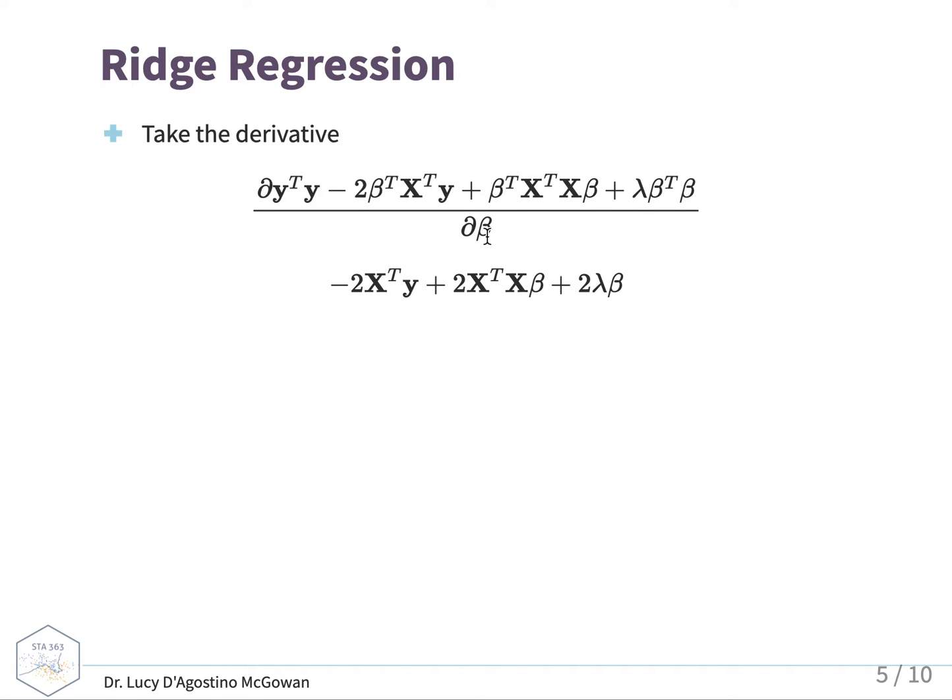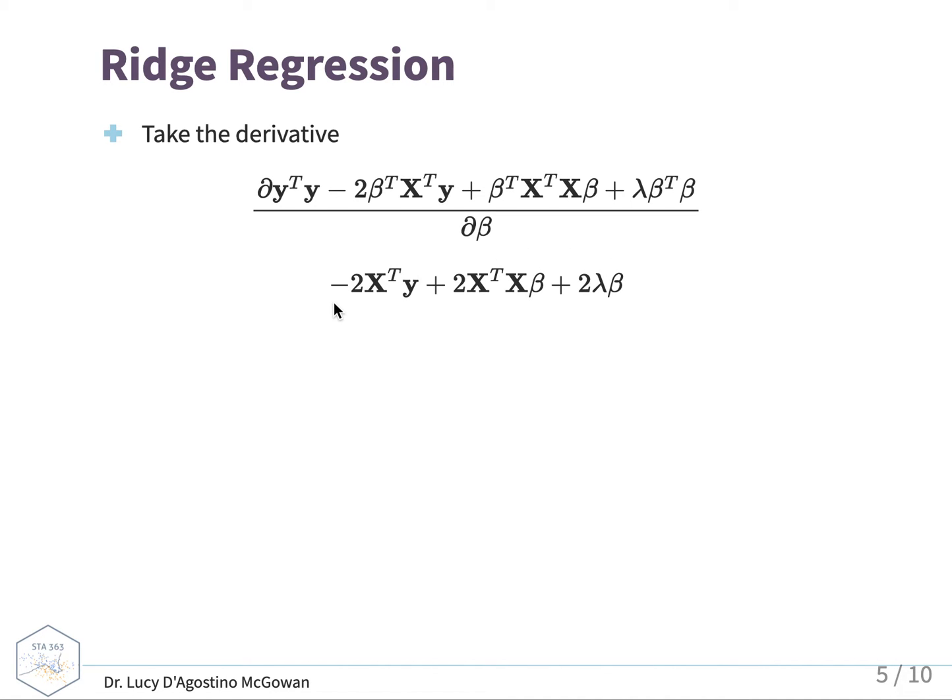The derivative of beta transpose x transpose x beta with respect to beta is 2 times x transpose x times beta. And the derivative of lambda times beta transpose beta is 2 times lambda beta. So here's our derivative of this quantity that we're trying to minimize.